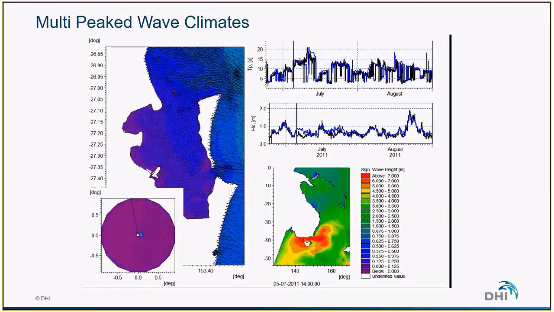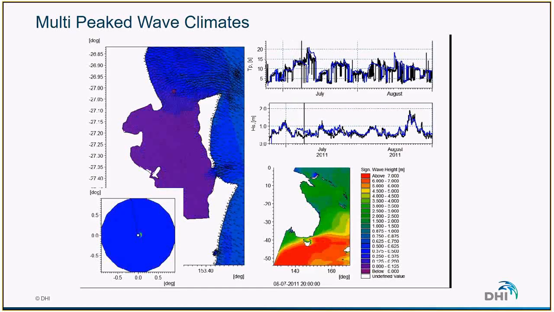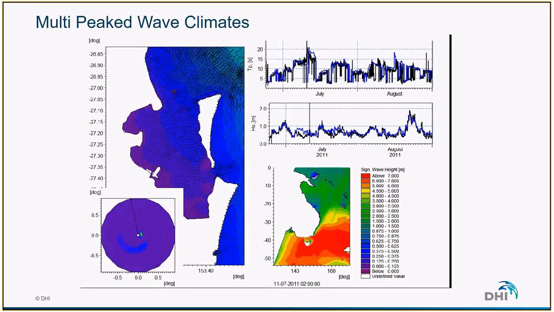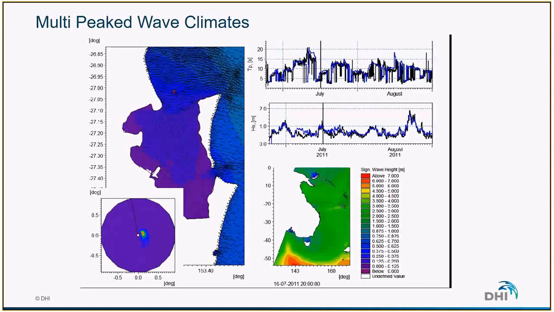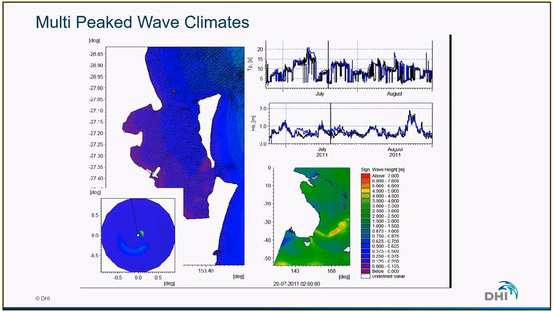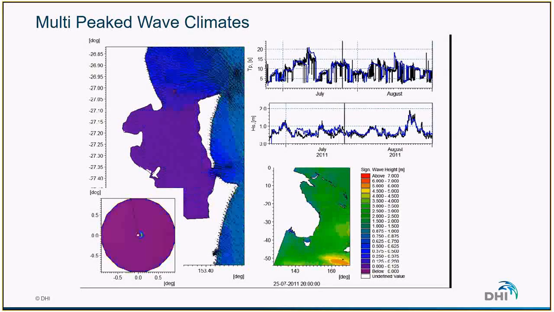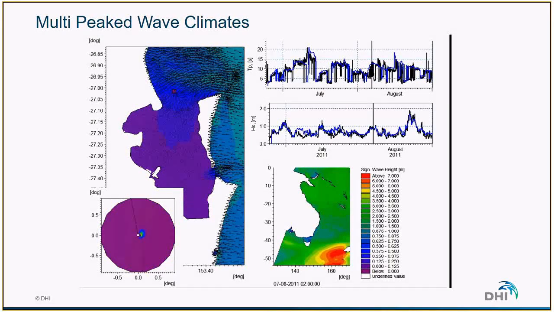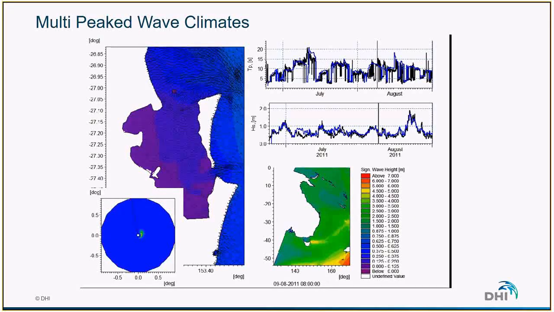So this is an example of a multi-peaked wave climate. On the bottom right, we can recognize Australia, where significant wave height is displayed. And on the left, we have a zoom on the Brisbane area.